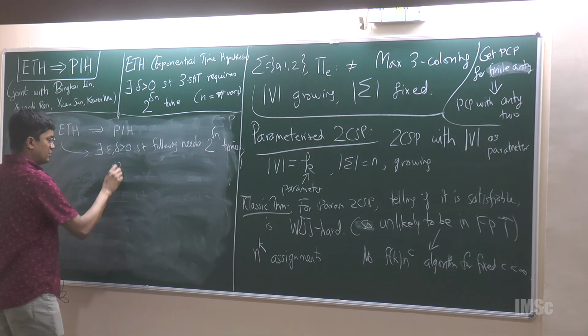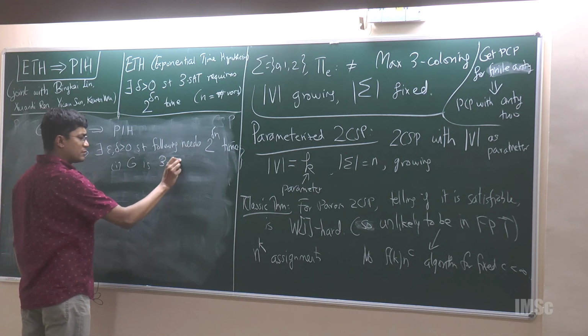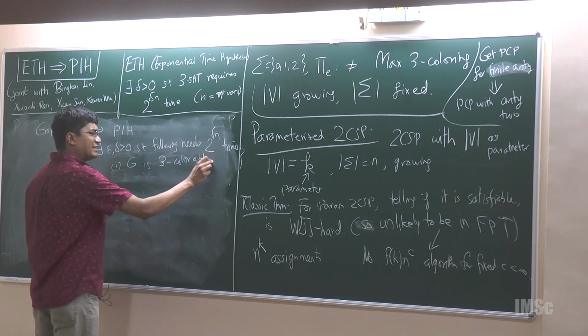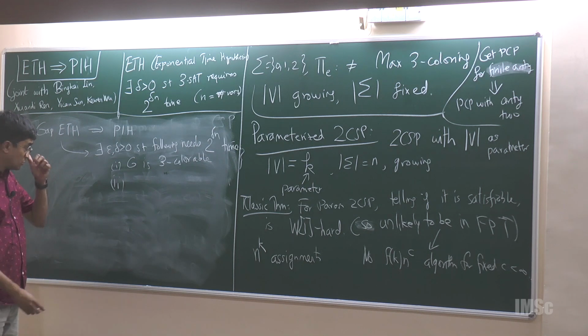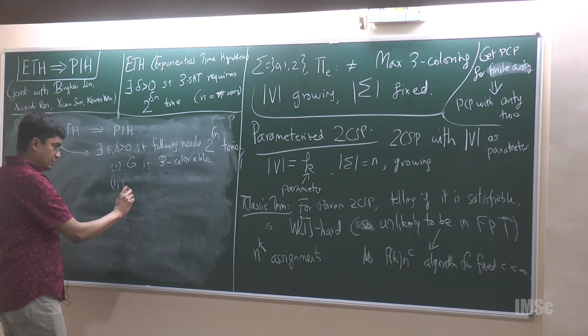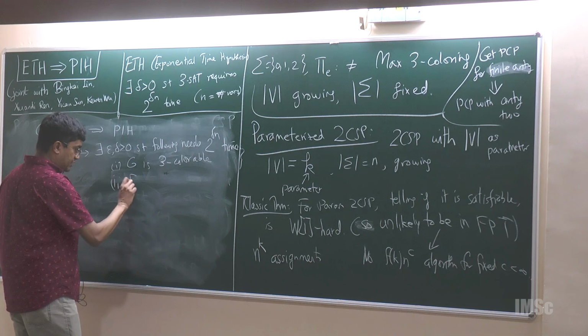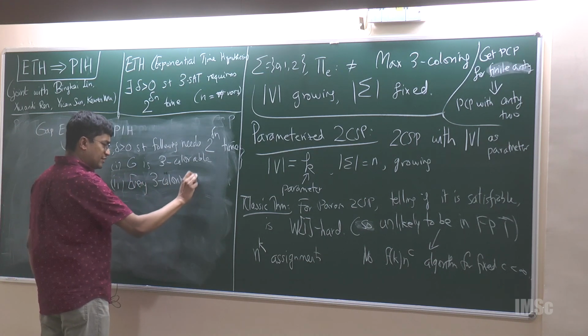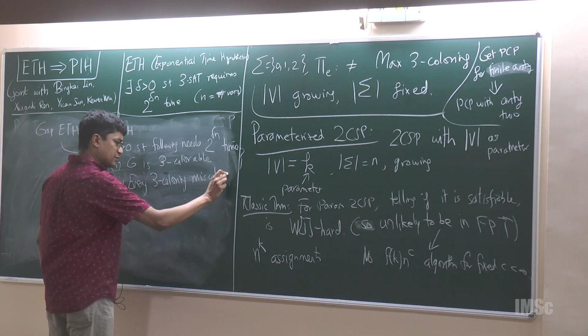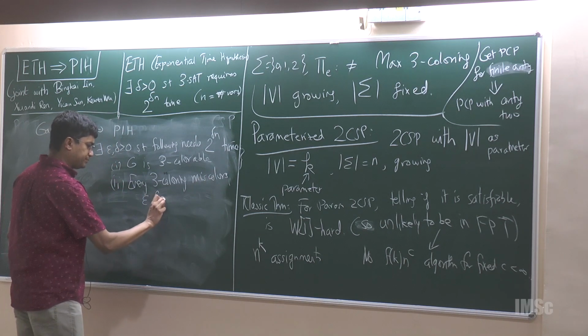So 1, G is 3 colorable. I'll just work with this because the arity is 2. It's a little bit nicer. And by standard reductions, sparsification, this holds. And every 3 coloring miscolors epsilon fraction of edges.